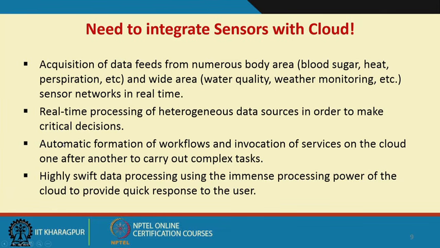So, we need to do real time processing of heterogeneous data sources coming from different types of sensors, like the body area network, or sensors which take more health related data, accompanied by other things like the overall environmental conditions, along with sensors related to heights and so on and so forth, and try to take a call integrating that data. These are the different heterogeneous sensor information which need to be integrated.